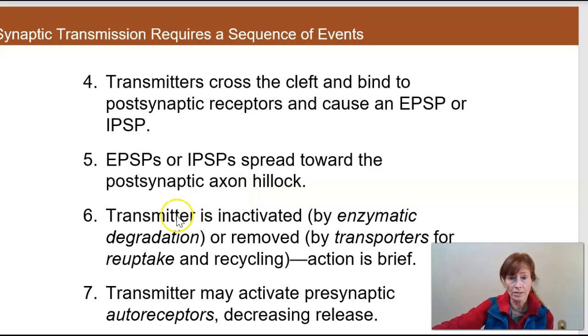Meanwhile, back out in the synapse, the neurotransmitter needs to get inactivated by either enzymes that break it down or transporters that bring it back in by reuptake, recycling, and then the activity's done. There are also things called autoreceptors that I haven't talked about yet, which are on the presynaptic neuron and can influence the amount of neurotransmitter that actually comes into the cleft.